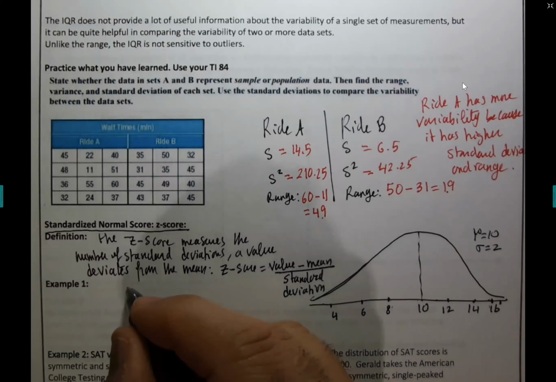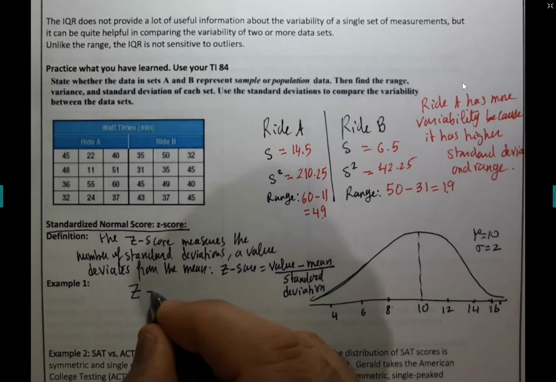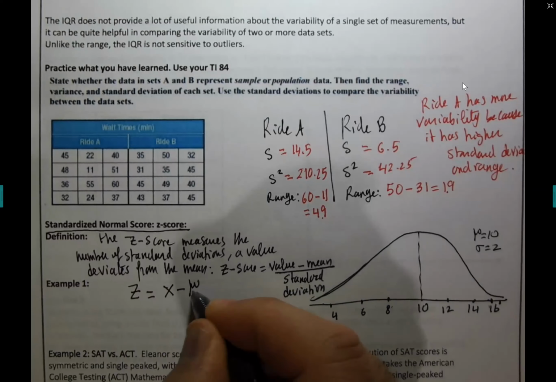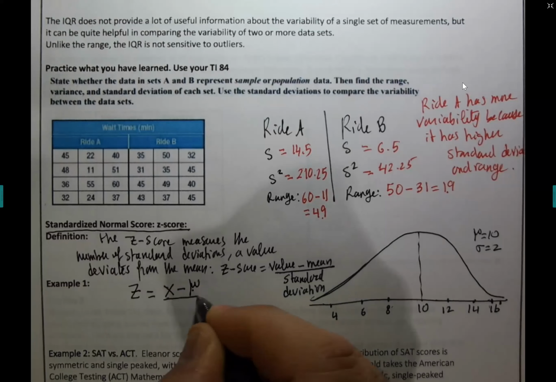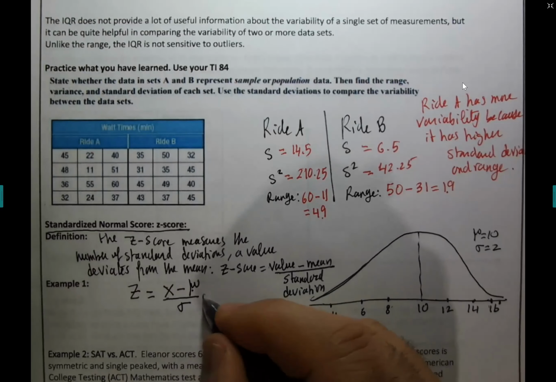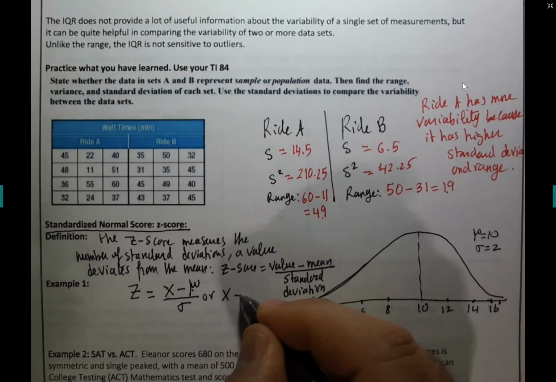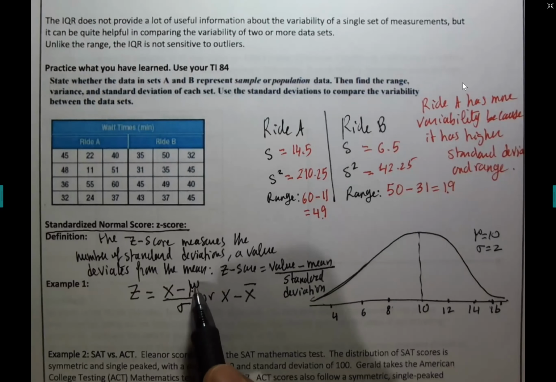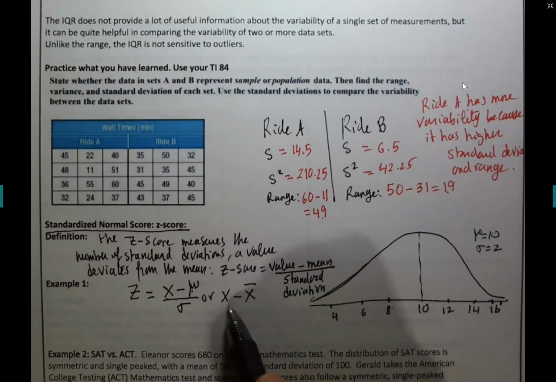In the book, he writes the z-score like this: z equals x, which is the value, minus the mean, which is mu for population, divided by sigma for the standard deviation. Or he writes it like this, which is exactly the same formula. If you're using a sample, instead of mu and sigma, we use x bar and s.